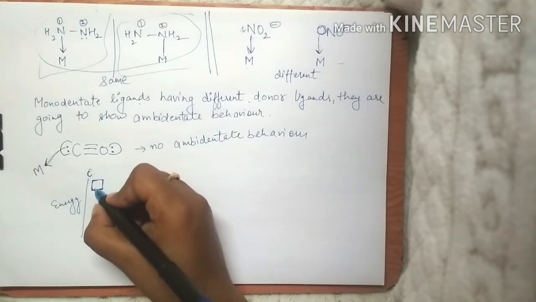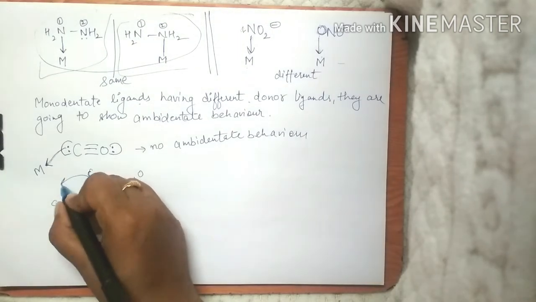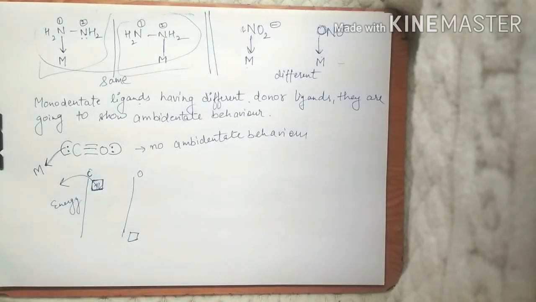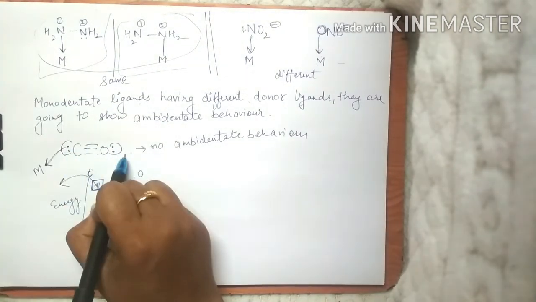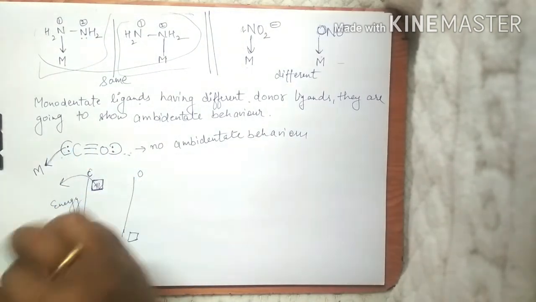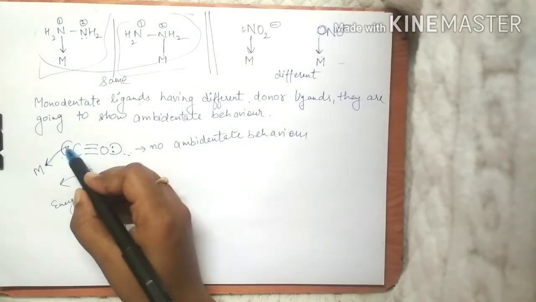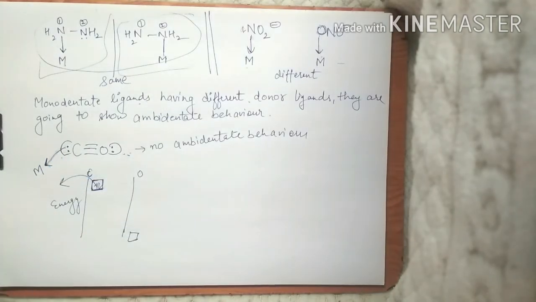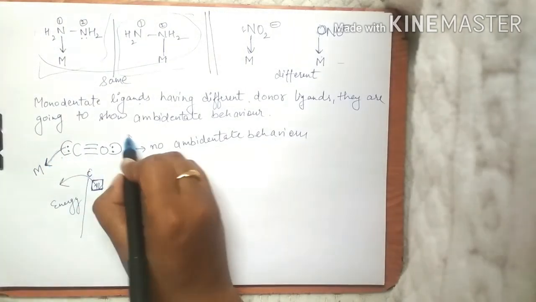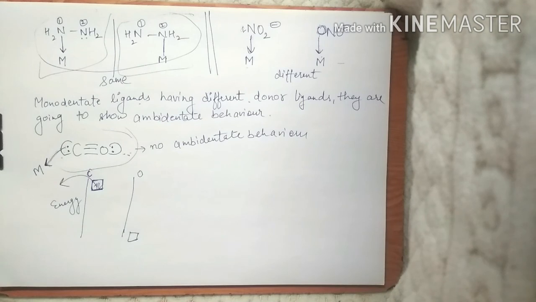So naturally the non-bonding pair of carbon is going to donate its electrons. So this is the case of carbonyls in which both of the sites are not going to donate electrons, only one will be able to donate the lone pair. So these types of ligands are not going to show ambidentate behavior.